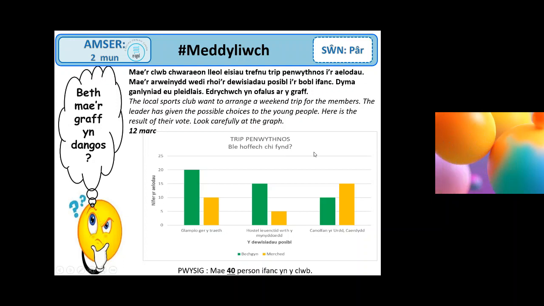So type in the chat if you think you know what the graph is saying. Doesn't have to be in Welsh at this stage. So what is the graph saying? Read, mae'r graff yn dangos.